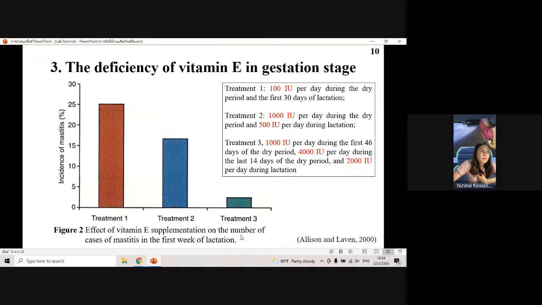Yeah, I think I have one paper for the cow. I think this one because they use too much vitamin E. But I'm not sure about the answer for why they use more in the dry period than in the lactation stage.